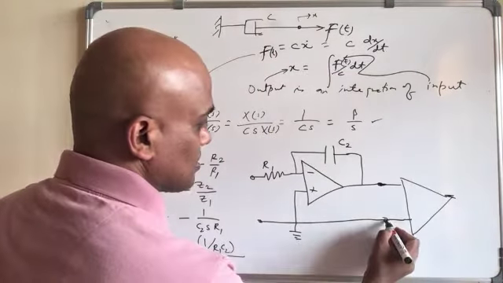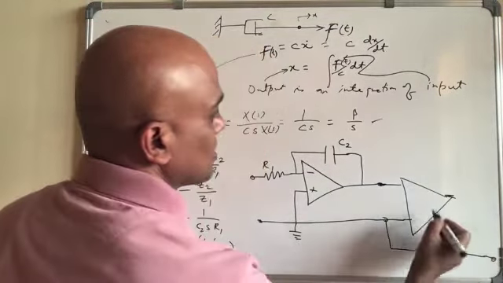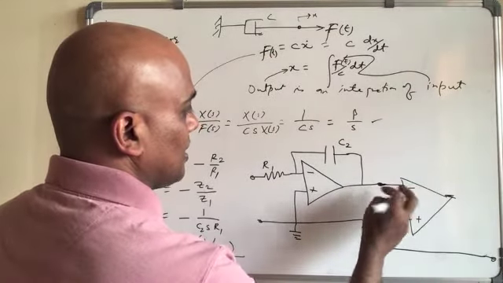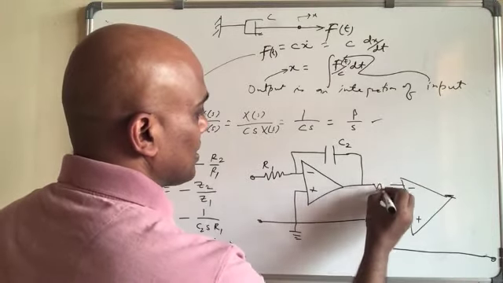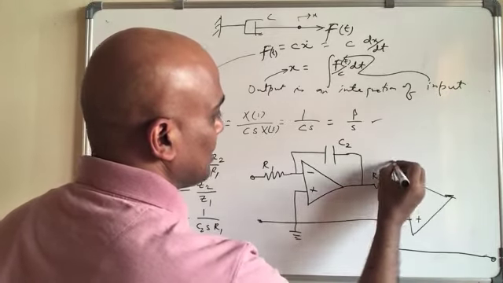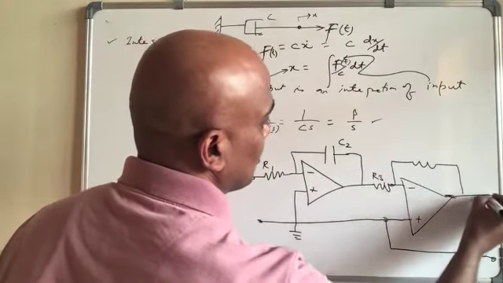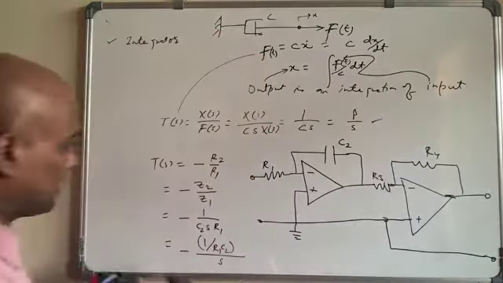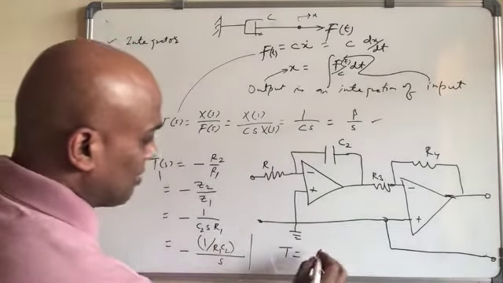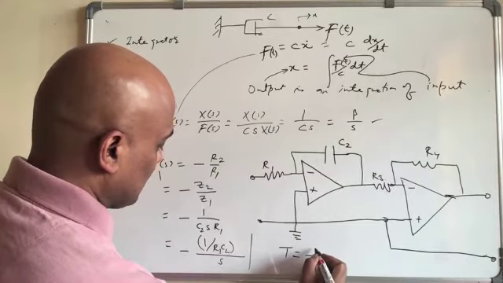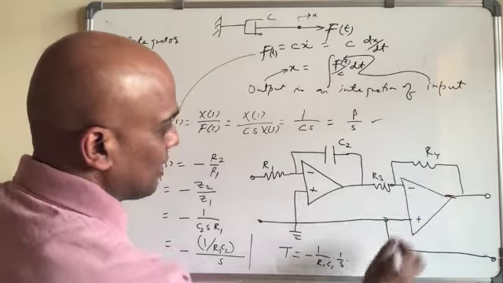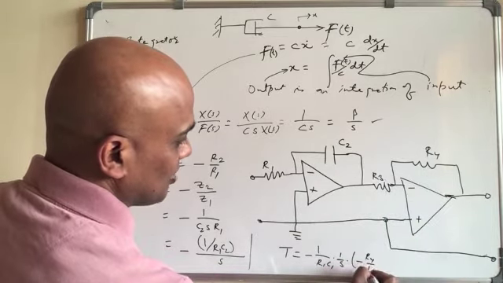This is minus, this is plus, and then here one resistance, let's call it R3, and then we have R4. Then the total T is T1 of this one, so T will be equal to minus 1 over R1 C1 multiplied by 1 by S multiplied by minus R4 over R3.